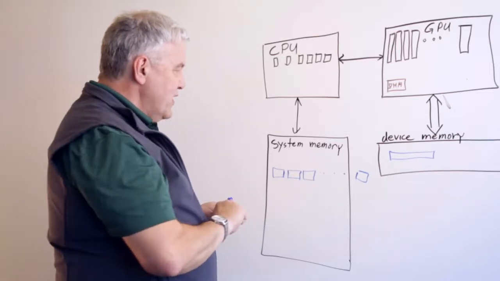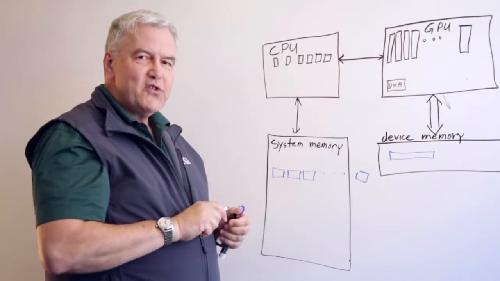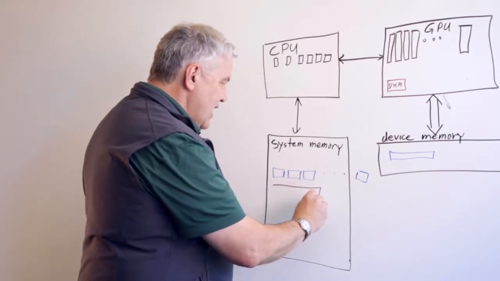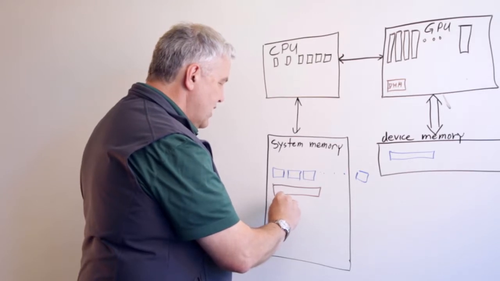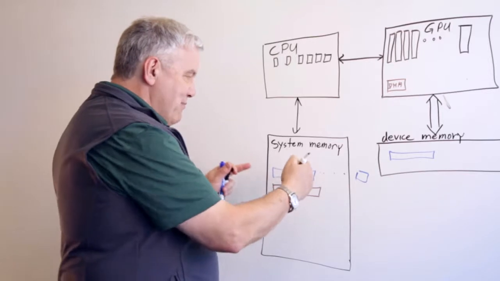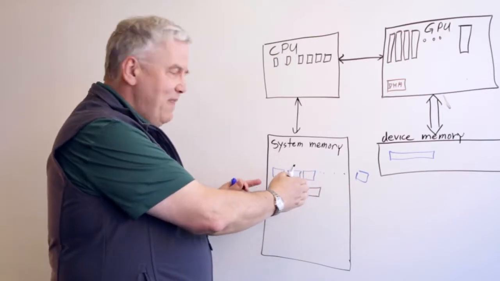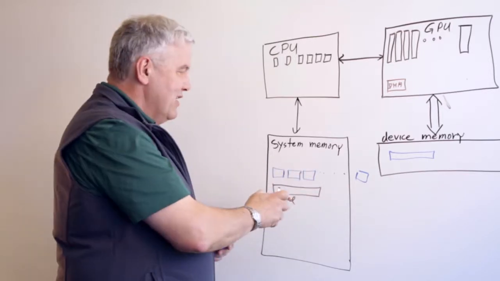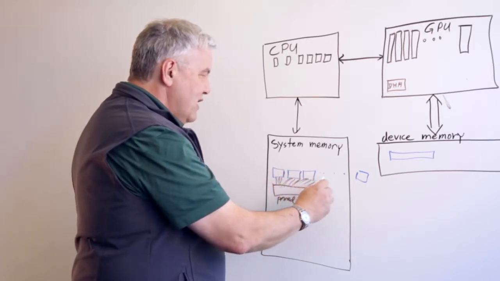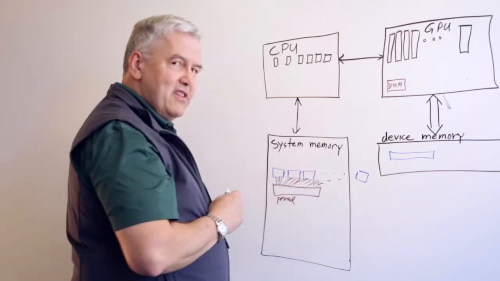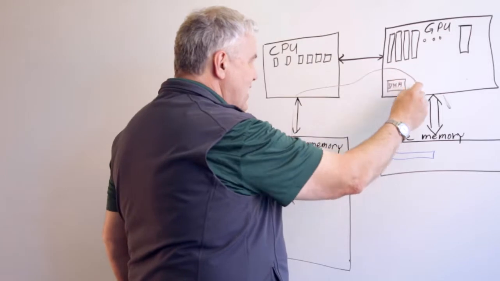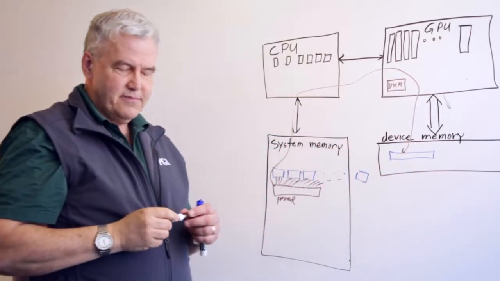So what happens is either the NVIDIA CUDA device driver or the OpenACC runtime has to allocate a pinned buffer in system memory. A pinned buffer is a block of contiguous memory that cannot be paged out. That's the pinned part. Then it copies the data from the user space, paging everything into the pinned buffer, and then tells the DMA transfer engine to move the data across to the device memory.